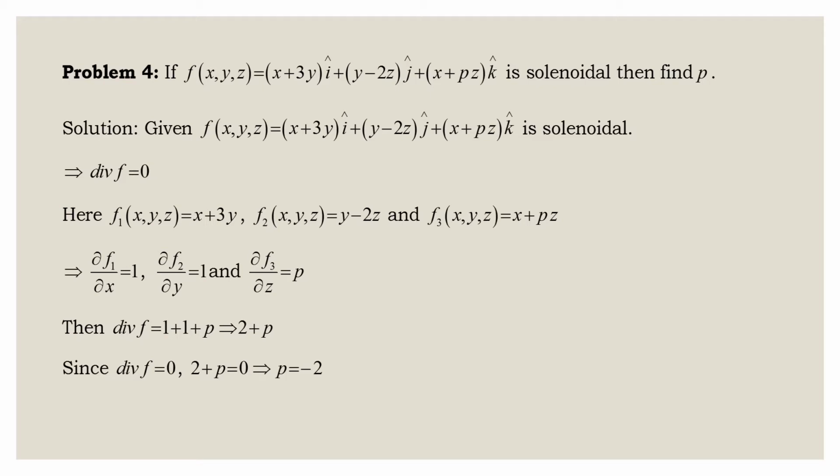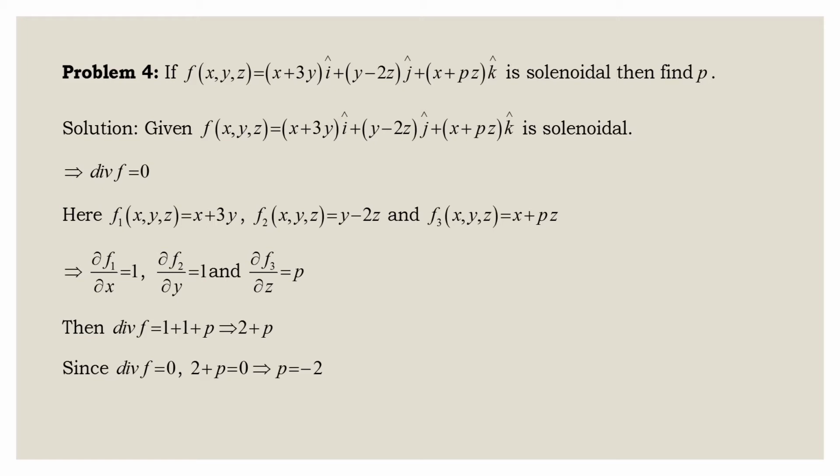If this vector field is solenoidal, we have to find the value of that constant P. Let us solve this problem. Suppose the given vector field is f of x, y, z equals (x plus 3y) i cap plus (y minus 2z) j cap plus (x plus pz) k cap.